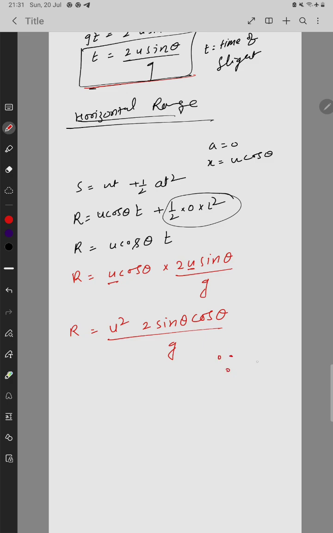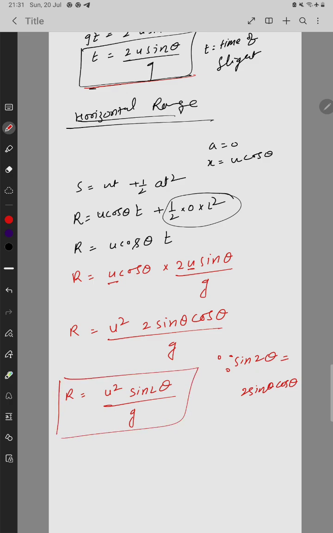Now one thing you should know, student, sin 2 theta is equal to 2 sin theta cos theta. So r is equal to, what will be there, student? u square sin 2 theta upon g.